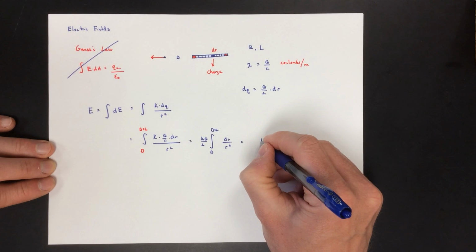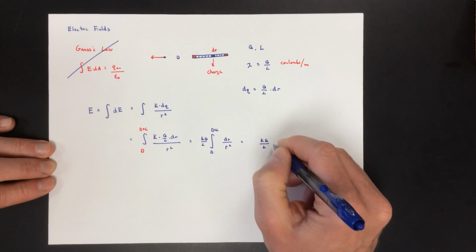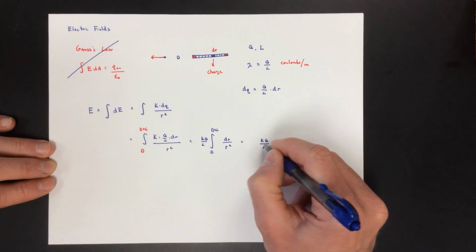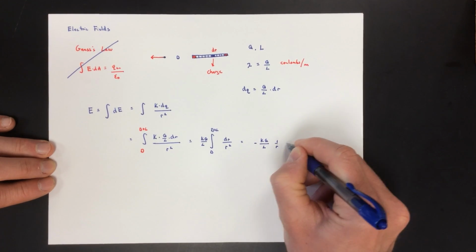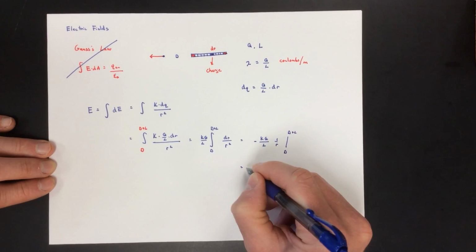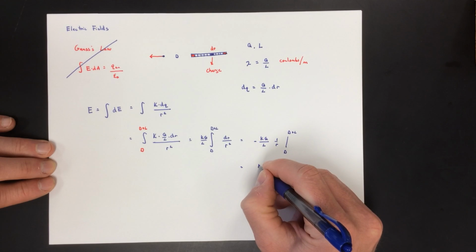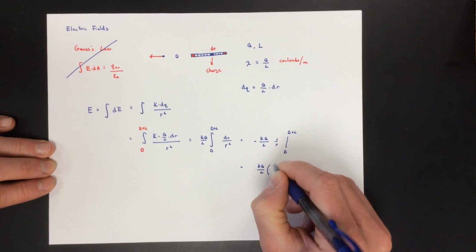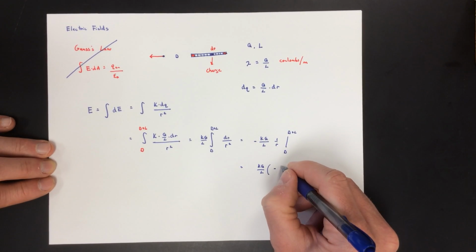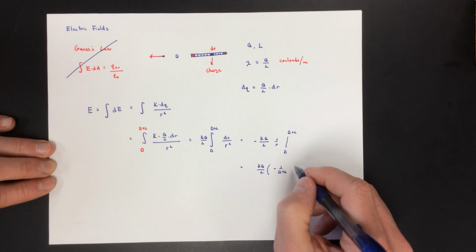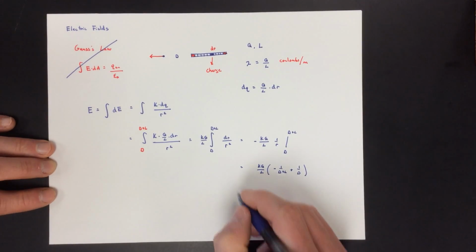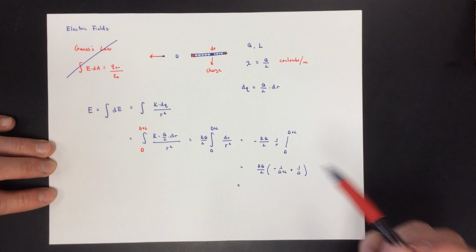The integral of 1 over r squared is negative 1 over r, evaluated from d to d plus L. So that's kQ over L times negative 1 over d plus L, and then the minus becomes plus 1 over d. Now I'm going to multiply top and bottom here by d.